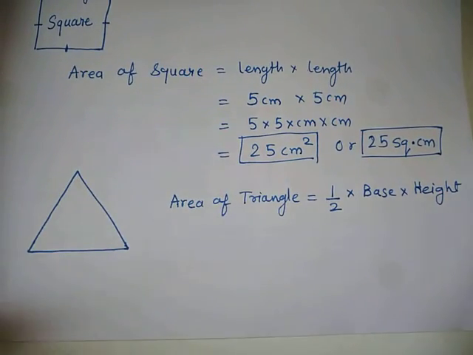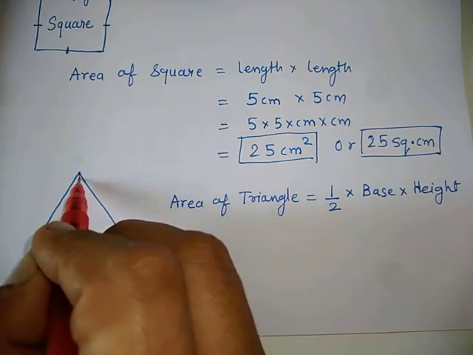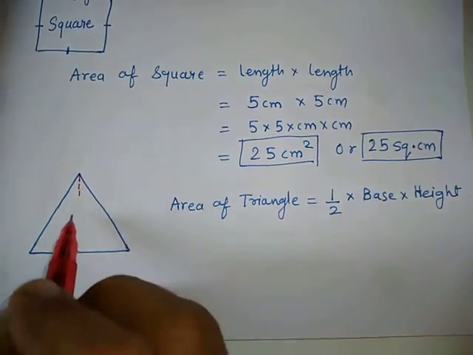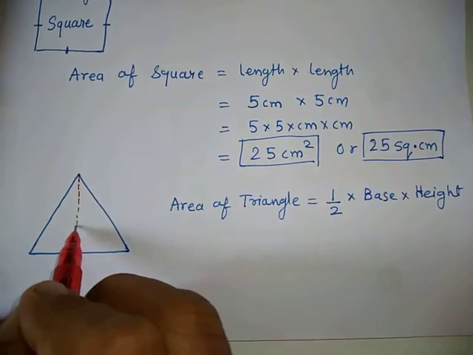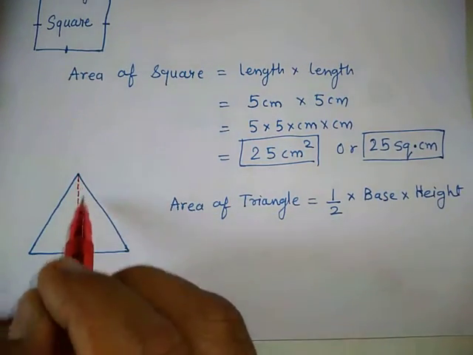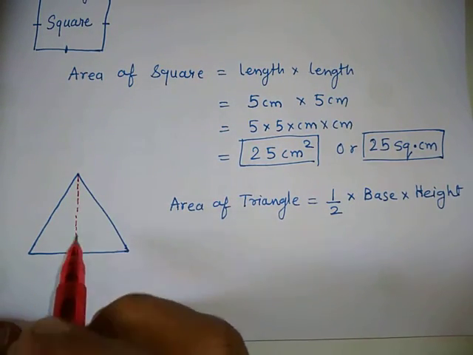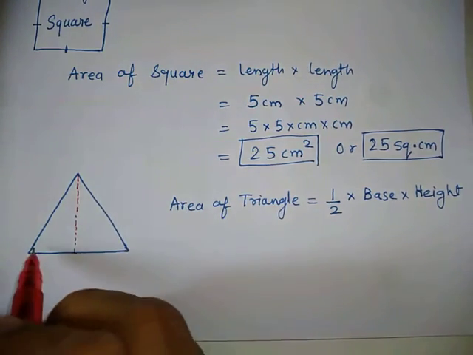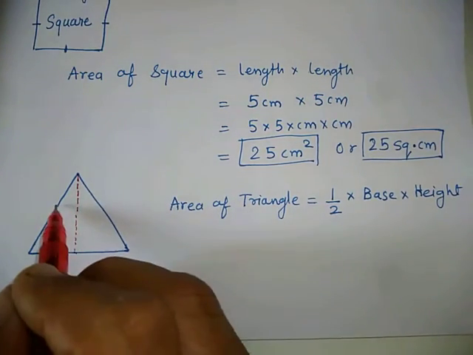So here, from any one corner, a perpendicular to the opposite line segment. It can be done from this point also.